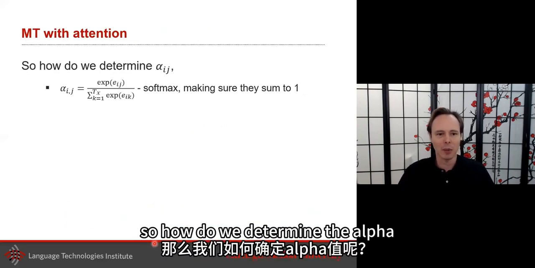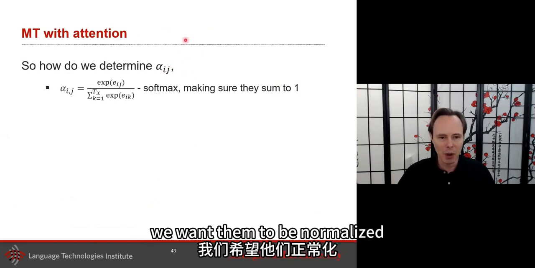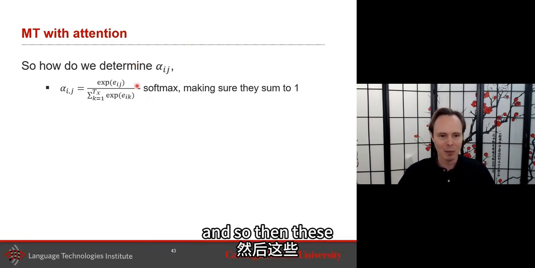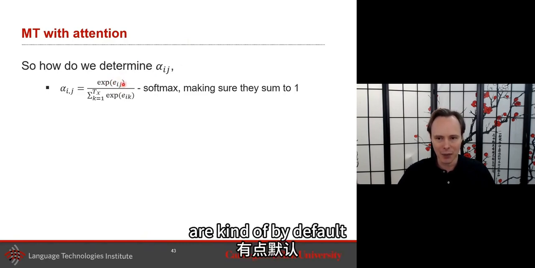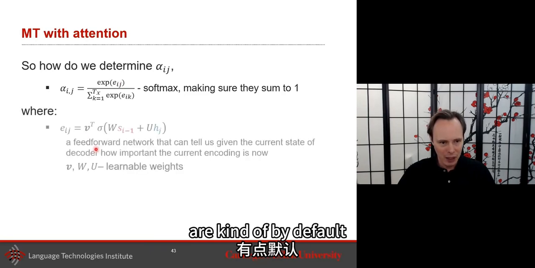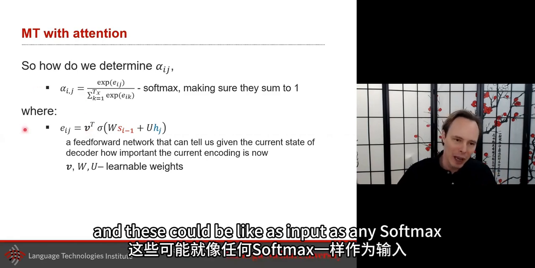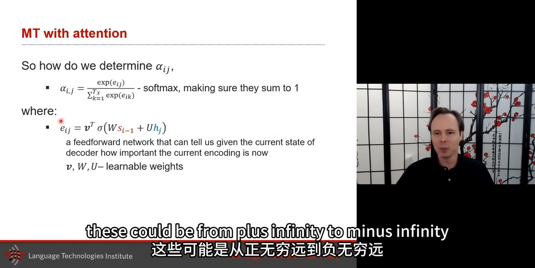So how do we determine the alpha? We want them to be normalized, so we'll often use a softmax. And so by default, these are the output of how important each word is. These could be the input to the softmax, so they could be from plus infinity to minus infinity.